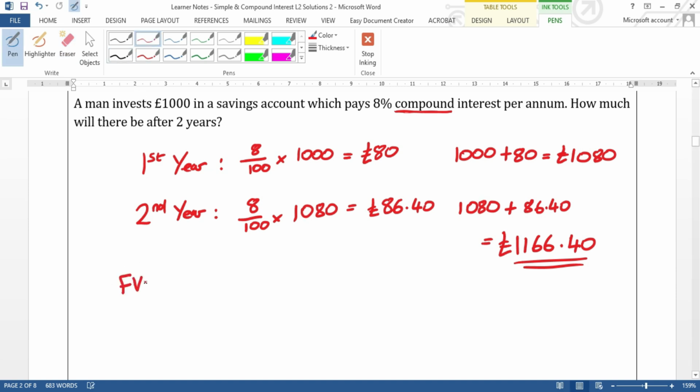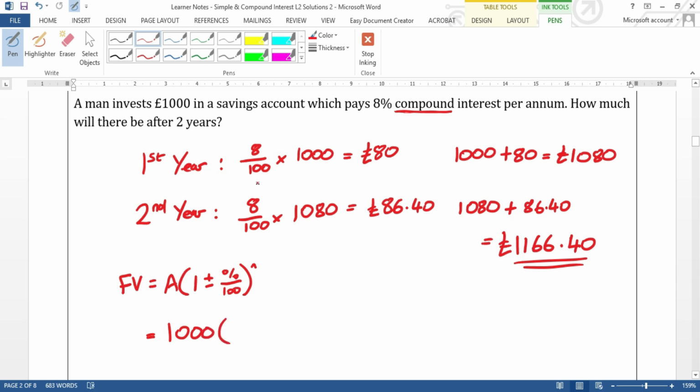So final value equals A brackets 1 plus or minus percentage out of 100, close brackets to the power n. So A is my initial amount. Initial amount was how much did he invest? That's £1,000. That goes there.